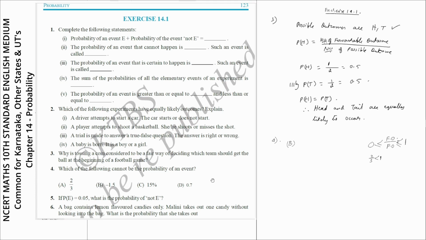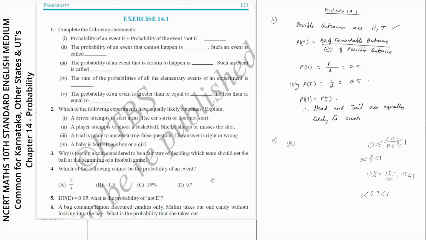And what is 15%? 15% means it is 15 by 100. So 15 by 100 is 0.15. So again this is less than 1, and 0.7, again this is less than 1, greater than 0. Then 0.15 also is less than 1 and greater than 0.